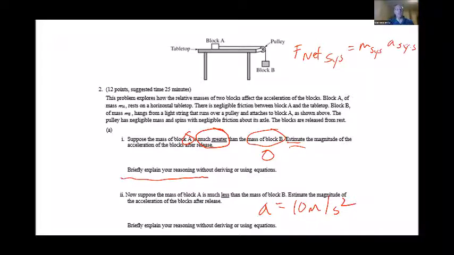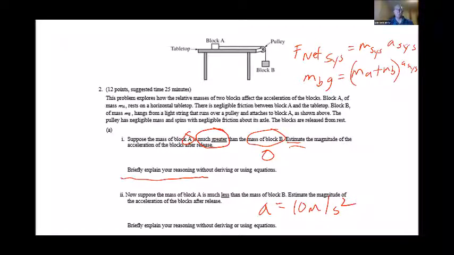In this case, since there's no friction, and since block A is sitting on the table, the net force acting on this system is the weight of block B. So my net force is going to be MBG, like so. And that's equal to the mass of the system, which is the mass of A plus the mass of B, times the acceleration of the system.